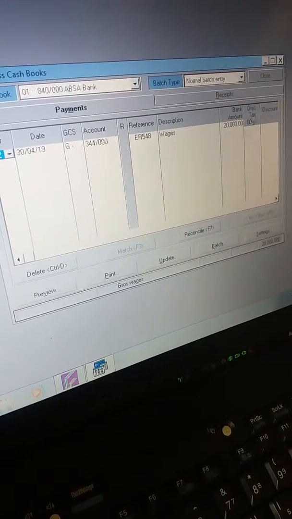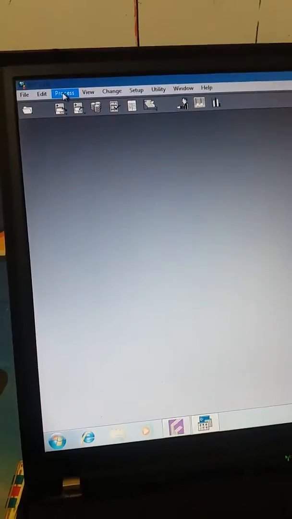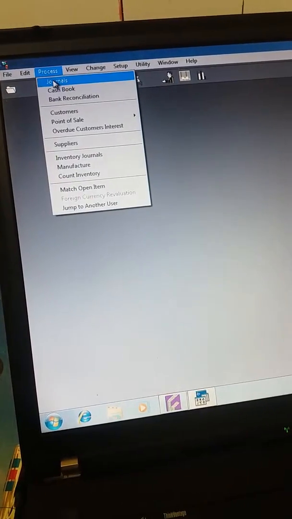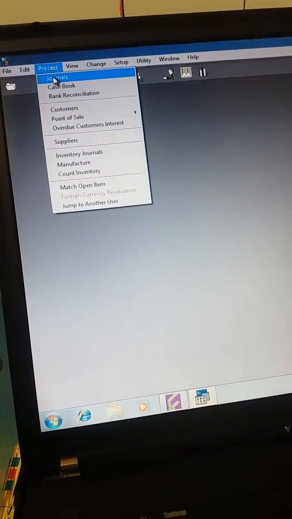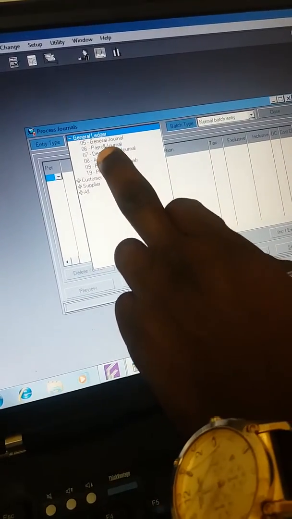Now we are going to the period. Then we come here to process, journal. Can you see we have the general journal, but we are coming here from the period journal, where they are paying.